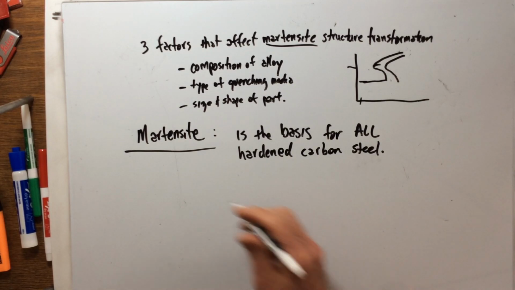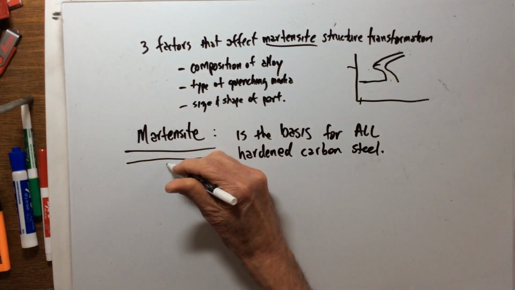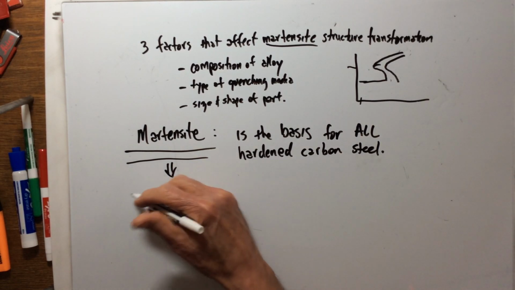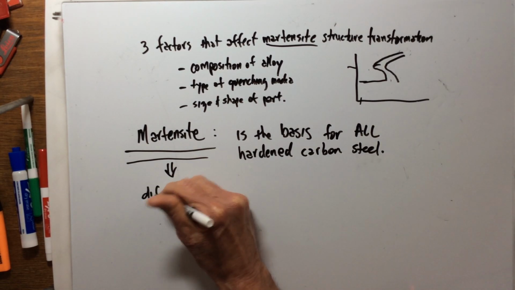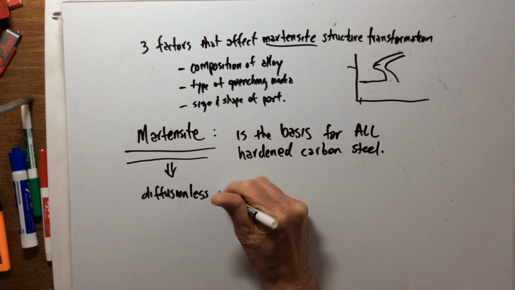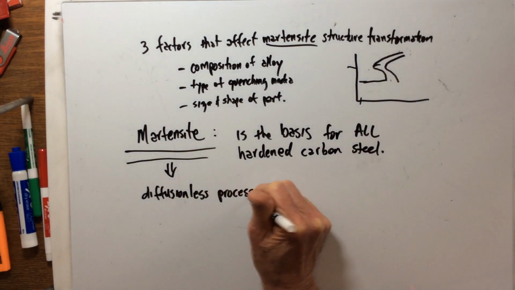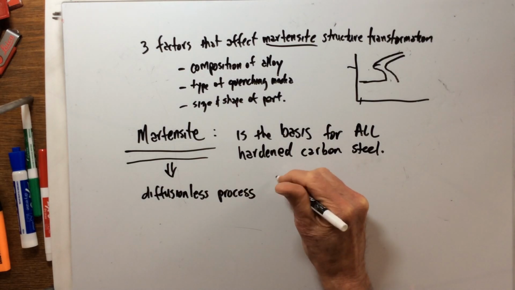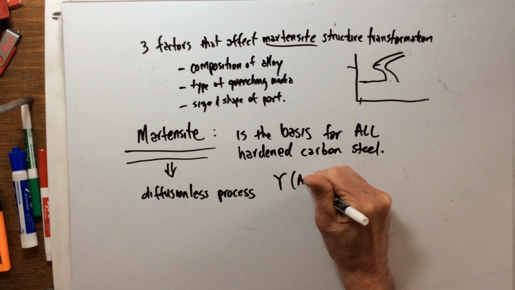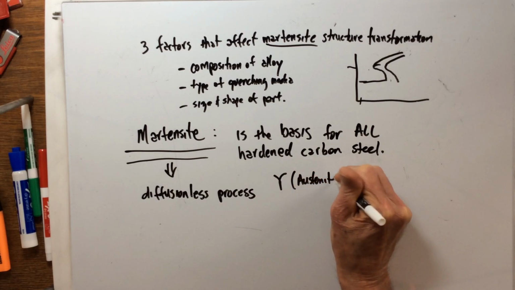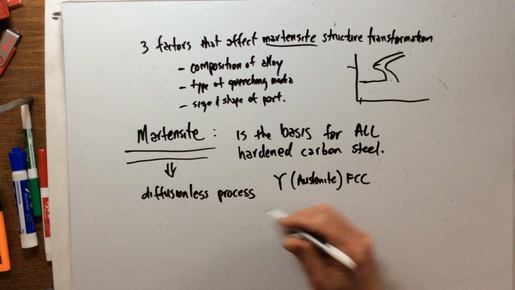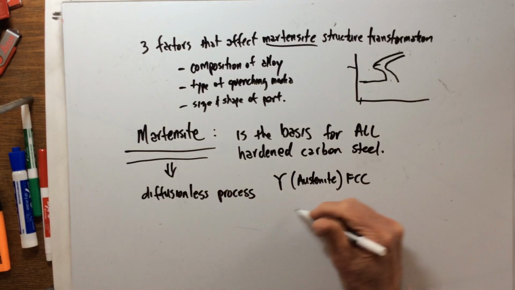Now, something you need to understand also is that martensite, this microconstituent, is only formed by a diffusionless process. It's a diffusionless process when it goes from gamma iron, aka austenite, which is an FCC, when it transforms into martensite.